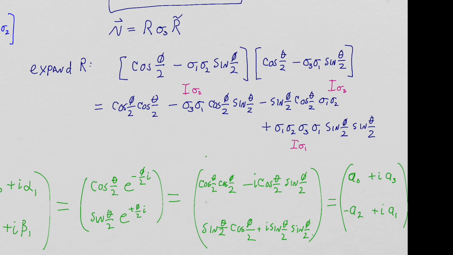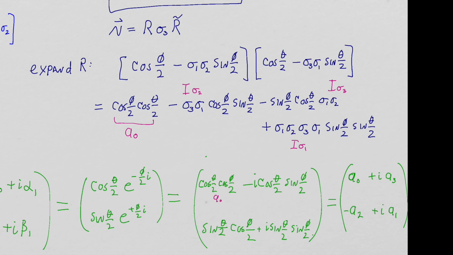So what we see is that this A0 term, which I'll call A0, not alpha 0, but A0, cosine phi over 2, cosine theta over 2, can be found right here, and we will call that A0 also. So those match.